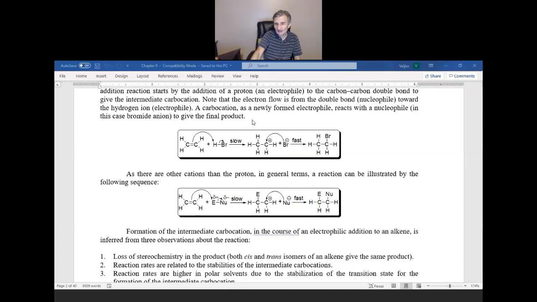At this time, this may not mean much to you, but later you may see the reason. When more than one product can be formed, that's determined in this product determining step. So this is a typical reaction, addition of hydrogen bromide across a double bond, in general terms.